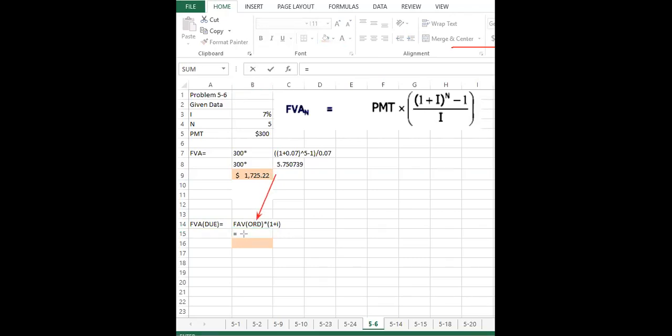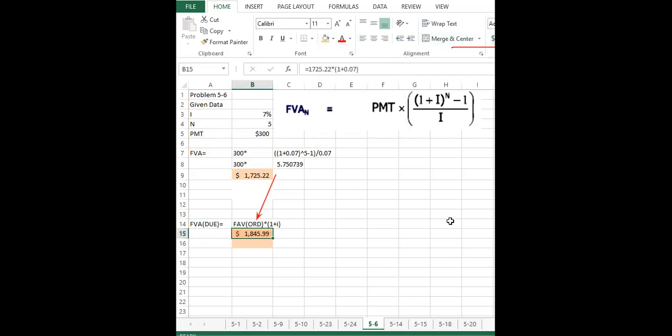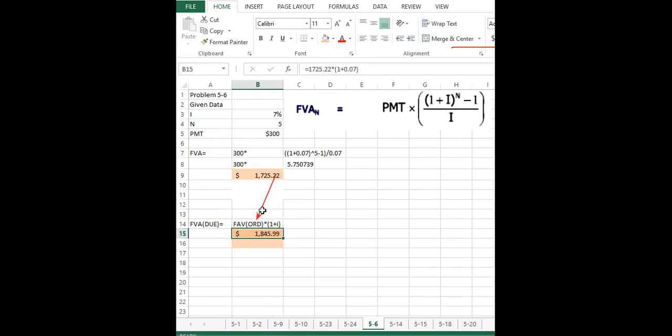So it is equal to 1725.22 multiplied by 1 plus the interest rate of 7%. So this is the answer. This one, $1,845.59799 is the answer. Okay, class.